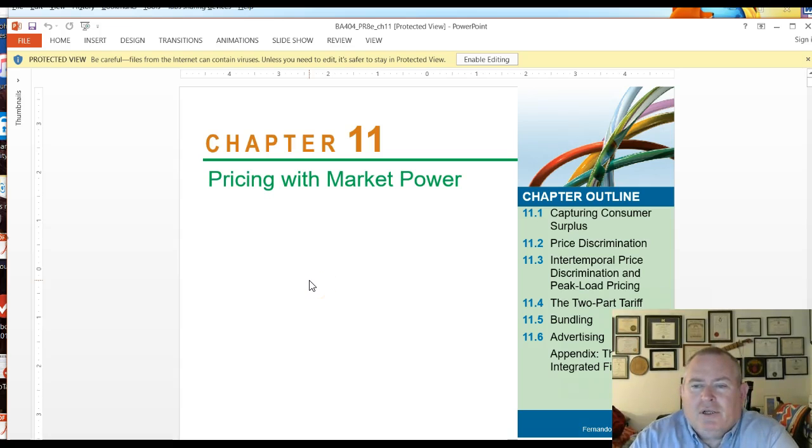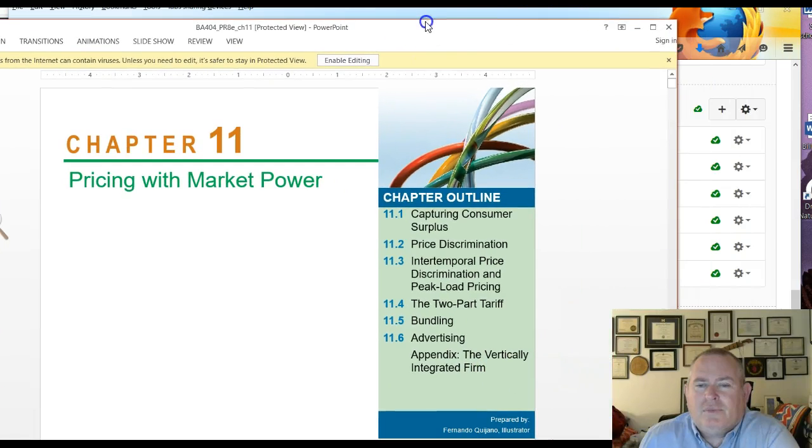Market power. Then we got the terms here like price discrimination, tariffs, bundling, advertising, different things, how that works. I think I mentioned in one of the other weeks about how operations management, how when stores, be it Macy's, do the basement sales after the holidays, and all this stuff is calculated ahead of time, even before the sale.